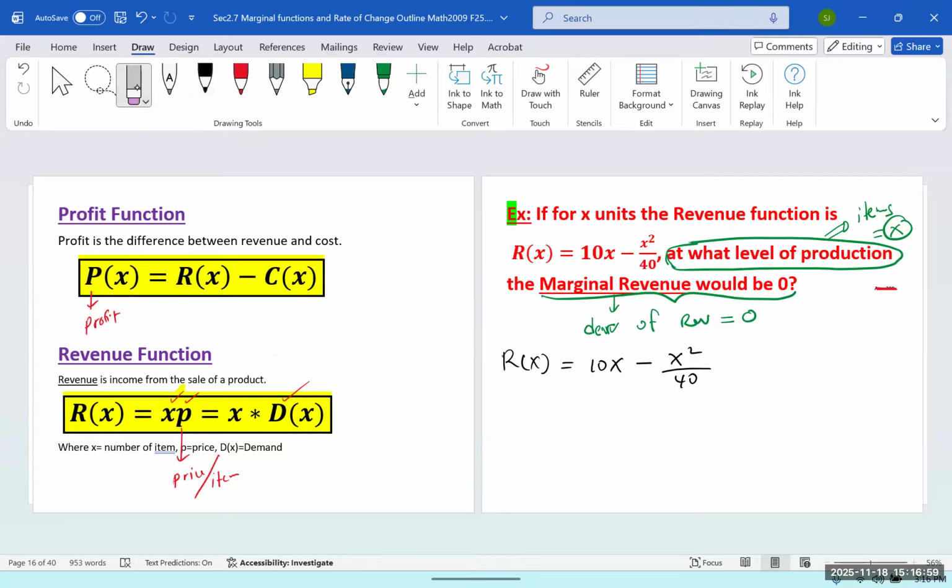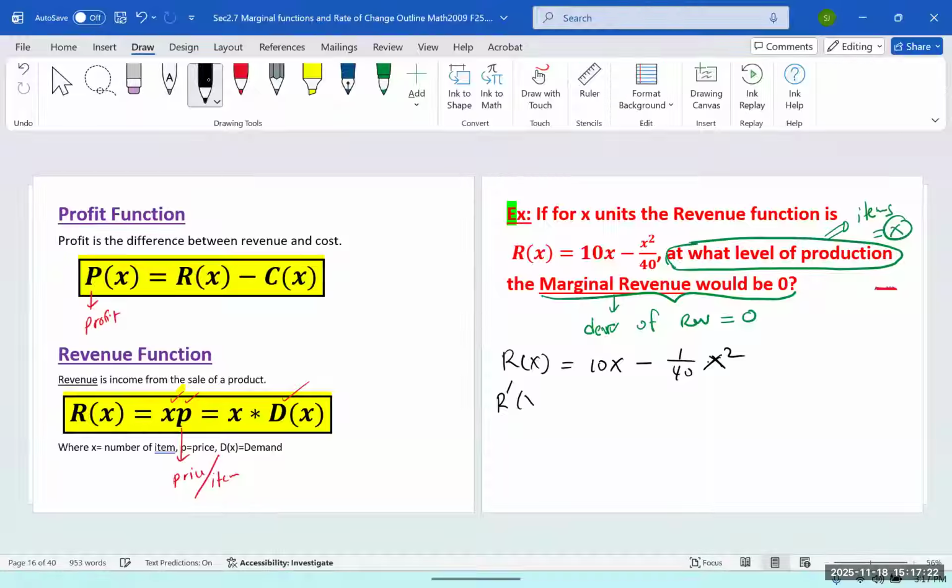X squared over 40 is same as 1 over 40 times X squared. Why did I write this way? Because 1 over 40 is a constant, is a coefficient. So we're going to leave it alone and take the derivative of the square function.